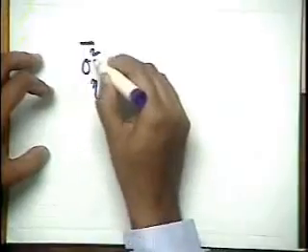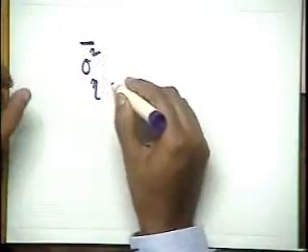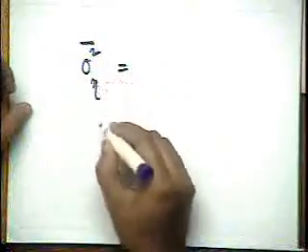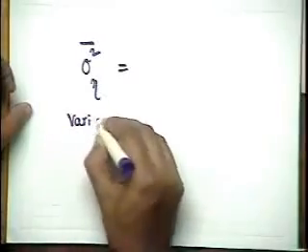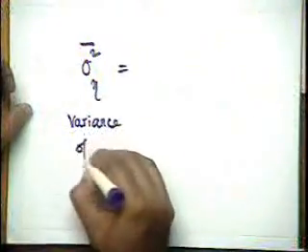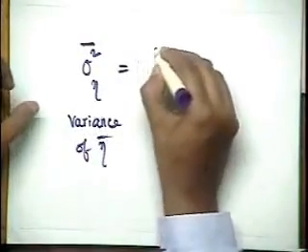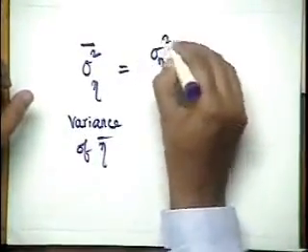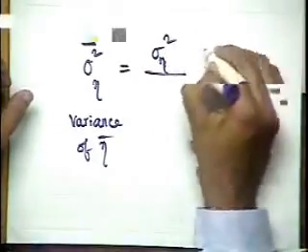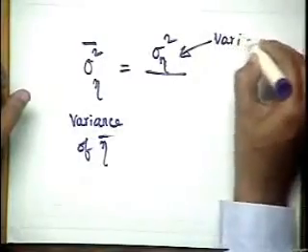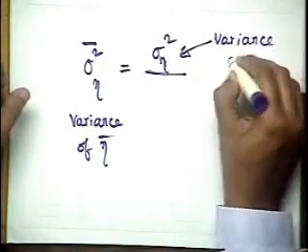This whole thing I am writing as bar, indicating that this sigma square eta bar is giving you the variance of eta bar, and that is equal to sigma square eta, where sigma square eta is the variance of eta mn, divided by NW.